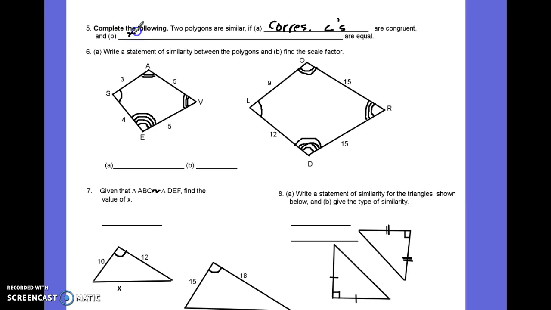the ratios of corresponding sides. These ratios are equal.